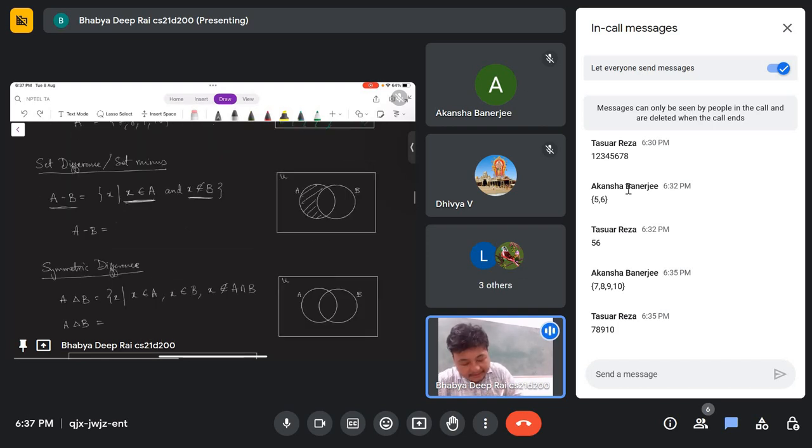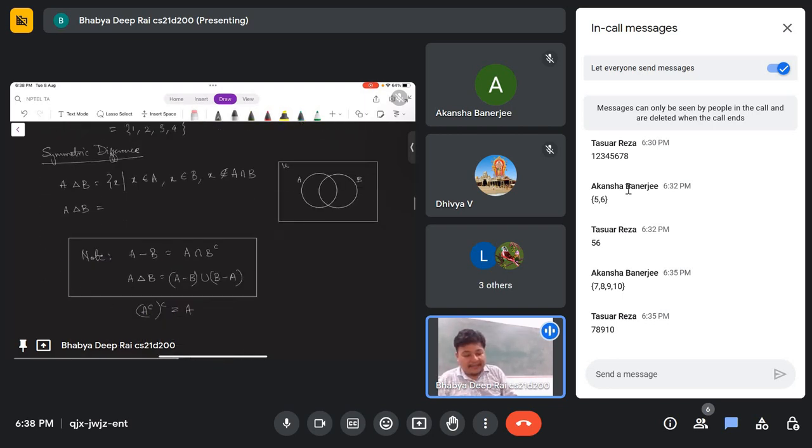A minus B is simply 1, 2, 3, 4, 5, 6 minus 5, 6, 7, 8. I remove all the elements that are in common from the first set. So 5 and 6 are common, I remove them, and 7, 8 were anyway not there in A, so I don't care about that. So 1, 2, 3, 4 is my set difference.